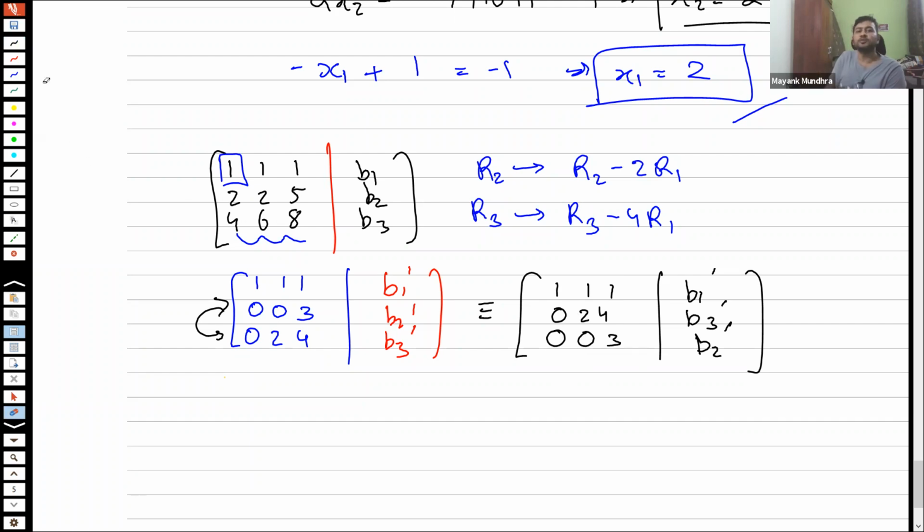Now, suppose that this 6 was instead 4, so 4, 4, 8. Then this thing would also become 0.